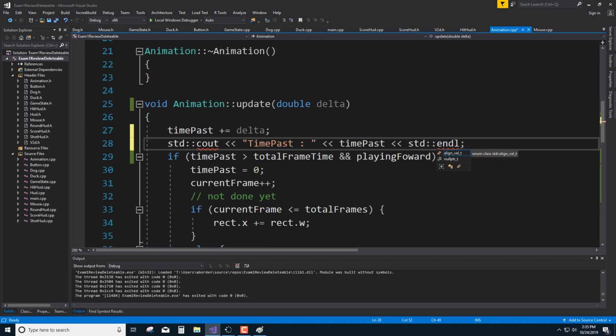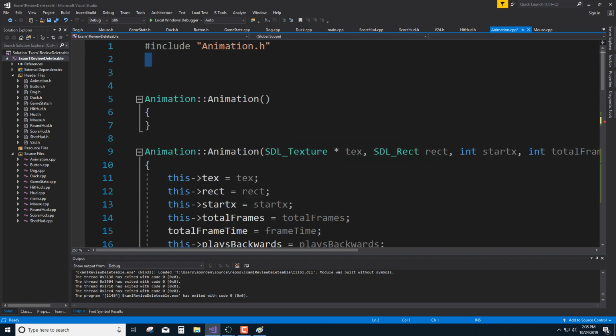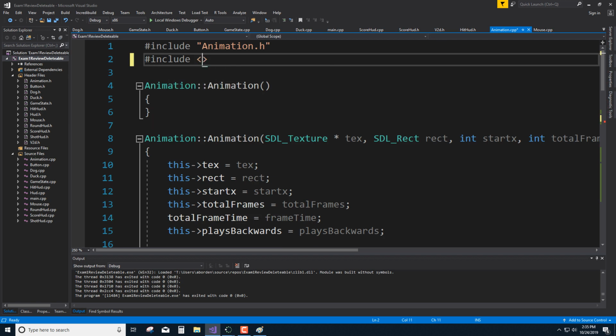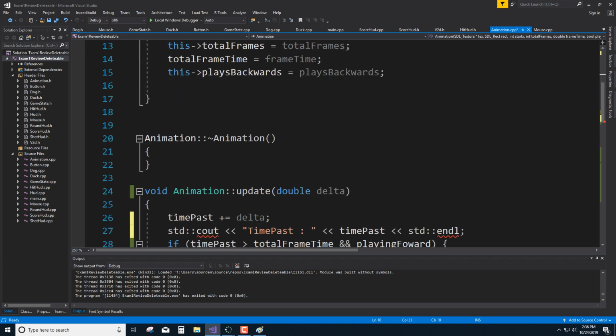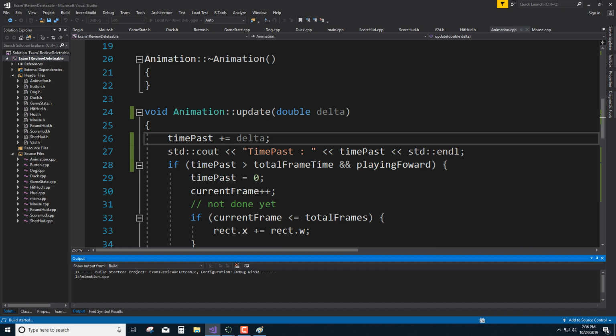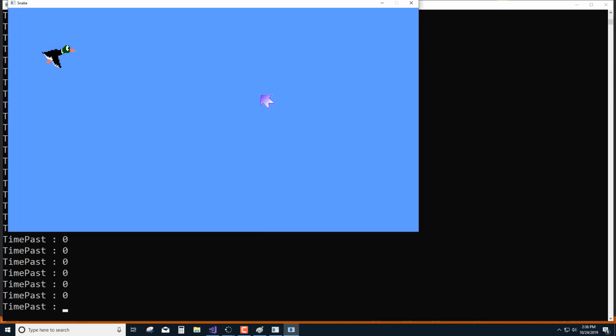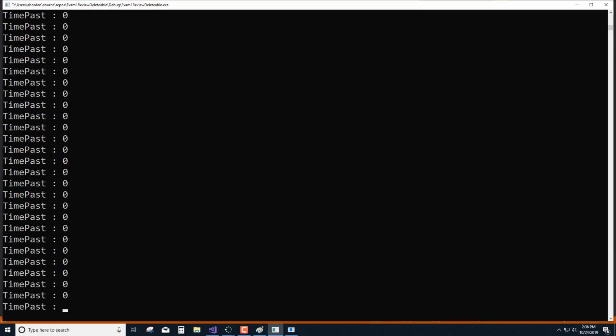Sometimes that's better than using a debugger if you need to debug in real time. I don't have iostream up here. That should give me my cout statements. All right. Time passed is 0. So that's why nothing's happening.